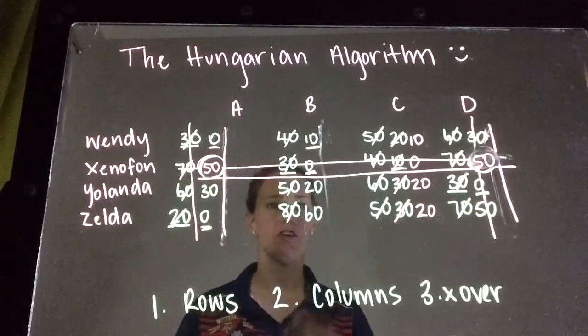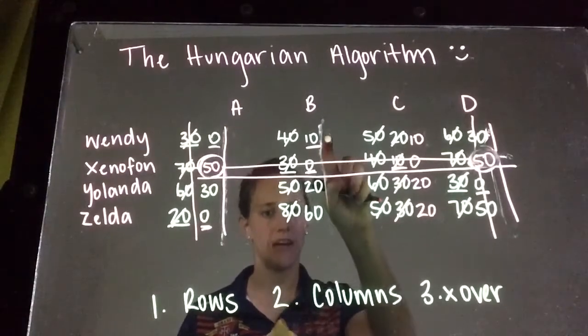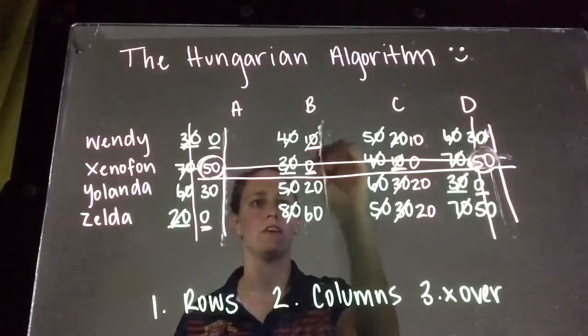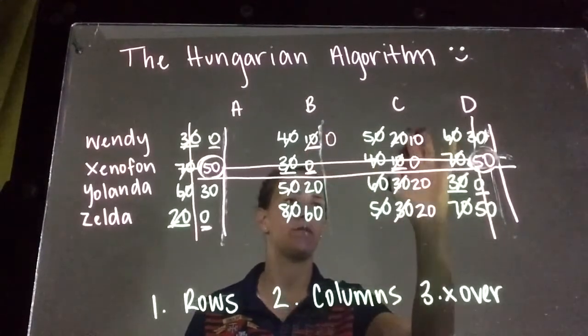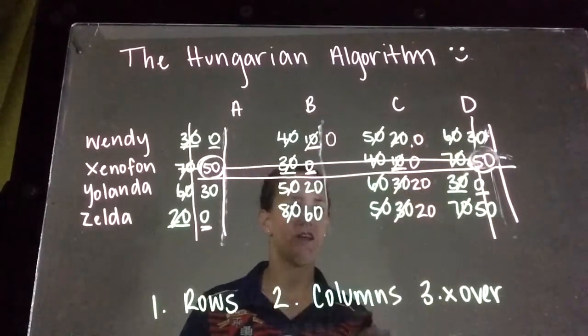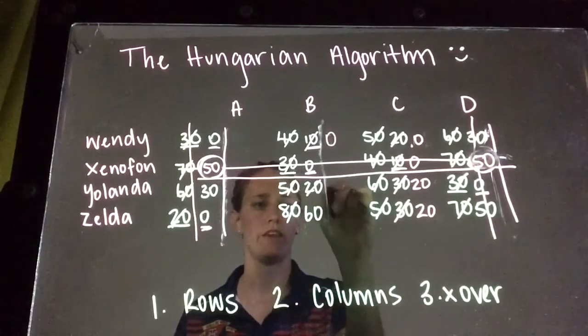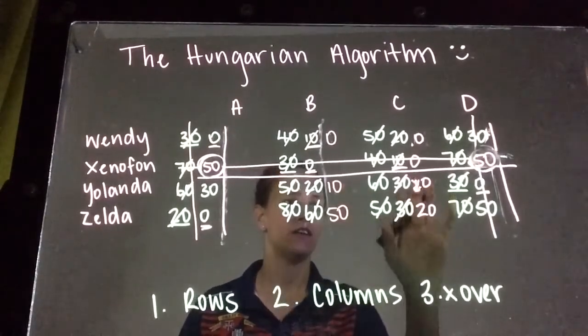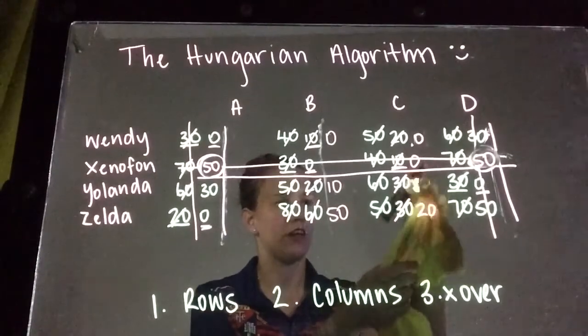Then what I need to do is subtract this value from all the other uncovered values. So this will turn to 0. That will turn to 0. This will turn to 10. This will turn to 50. These 2 here will turn into 10.